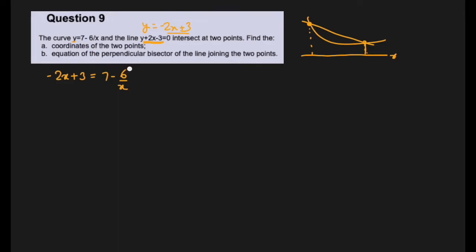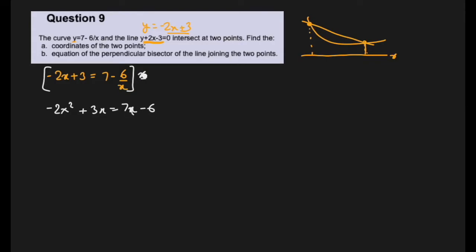To solve such an equation, first we should get rid of the denominator, so multiply the whole equation by x so that the denominator x cancels. So x multiplied by minus 2x is minus 2x square, x times 3 is 3x, equals 7x minus 6.